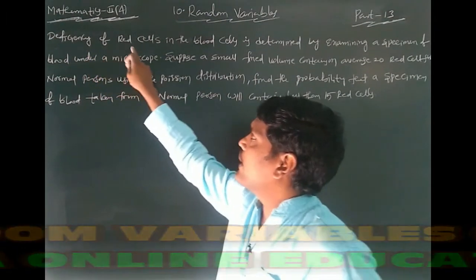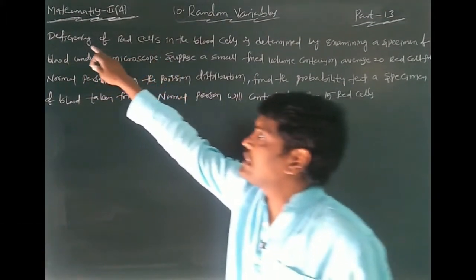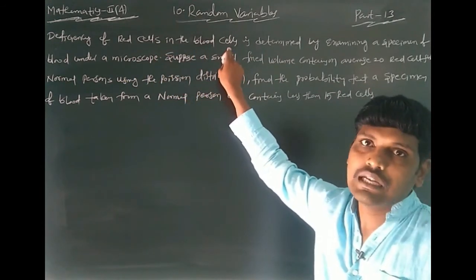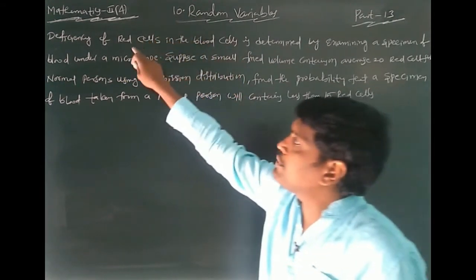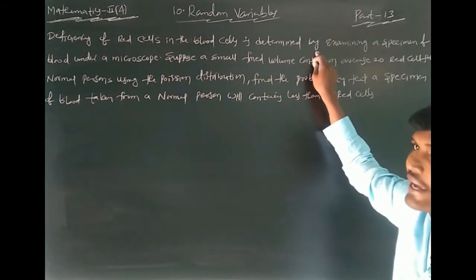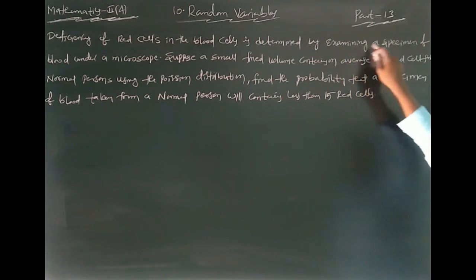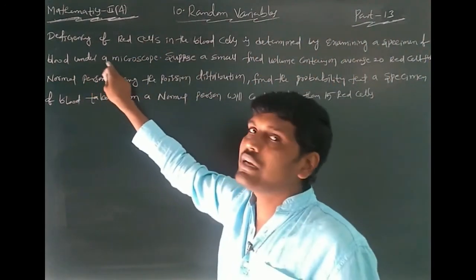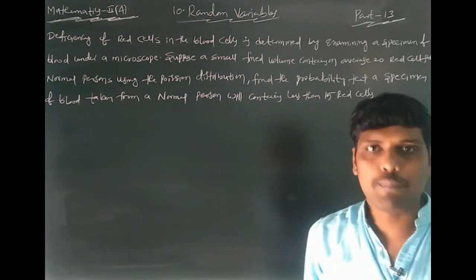Next problem is deficiency of red cells. In the blood cells, deficiency of red cells is determined by examining a specimen of blood under a microscope.